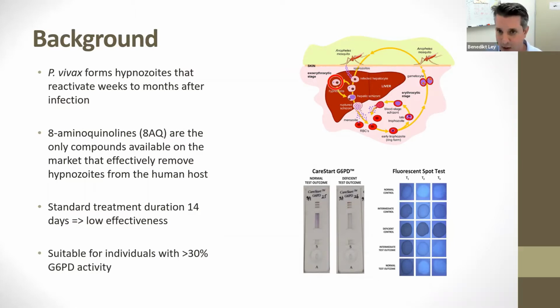This test has been in use for over 60 years now. In addition, there are a number of rapid diagnostic tests in the form of lateral flow assays, such as the one you can see here from CareStart, which was introduced a couple of years ago, and then a recent meta-analysis showed quite a good performance at the 30% cutoff level. Can I have the next slide, please?